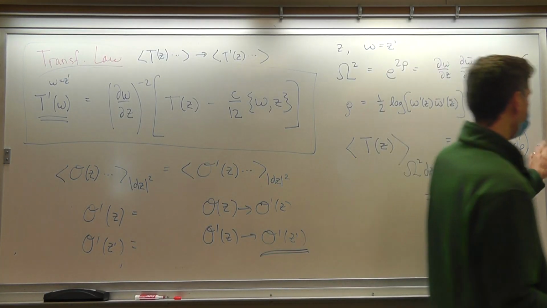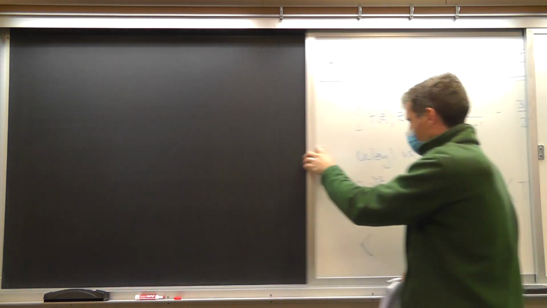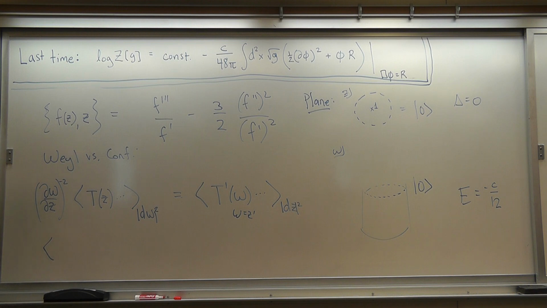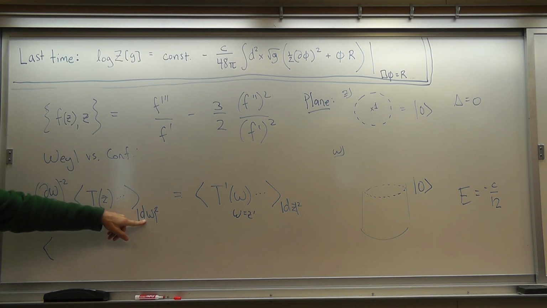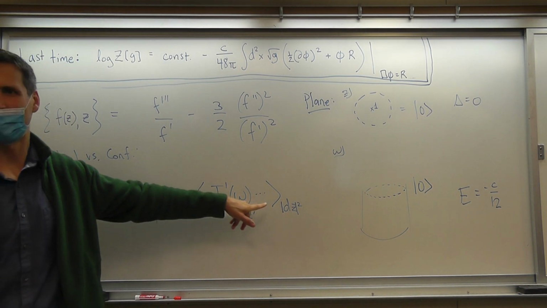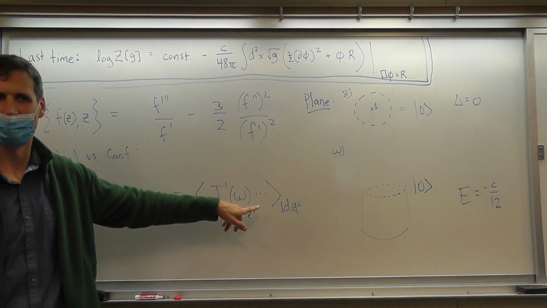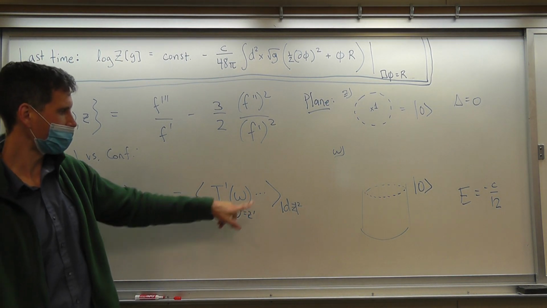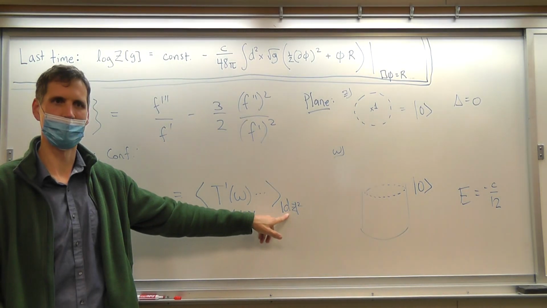Yeah, this equation here. Okay, note that you can either talk about correlators on the cylinder, which is the dW squared metric, or you could talk about operators on the plane that act like they're on the cylinder. T prime of W prime is an operator that we then evaluate in the theory on the plane.